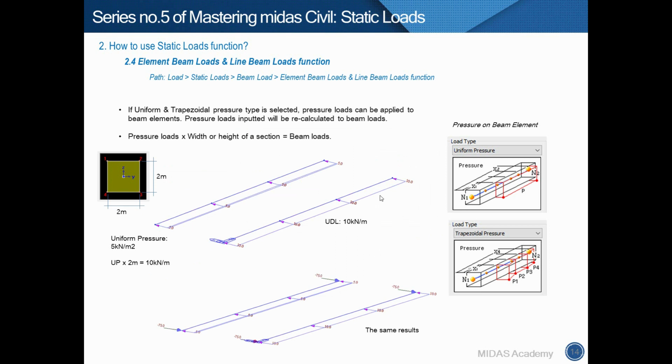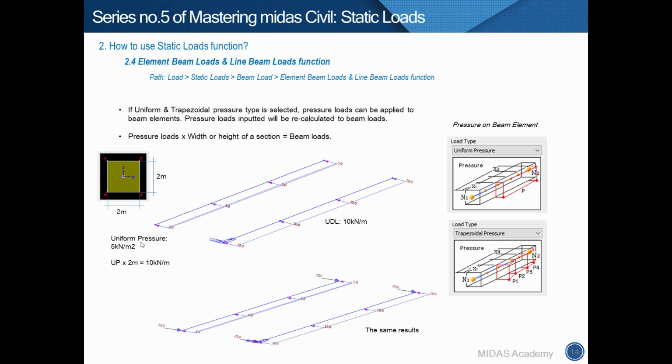And especially if we select pressure load type, we can apply pressure loads to beam elements. Applied pressure load will be recalculated as the uniform distributed load considering the width or height of a section.